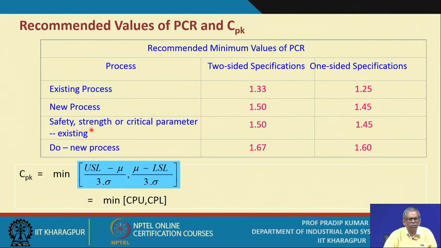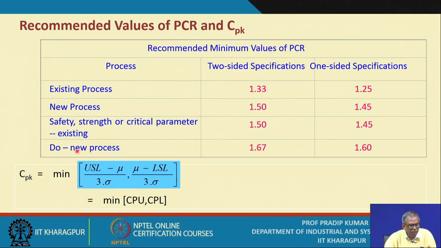If it is related to a particular quality characteristic like safety or strength, like the tensile strength, or some critical parameter, in an existing process, is it okay? You are dealing with the existing process, but now you concentrate on particular quality characteristics or parameters. Then if you deal with two-sided specifications, it will be 1.50 and for one-sided specifications 1.45.